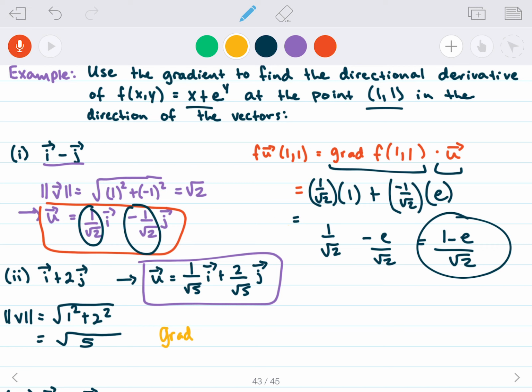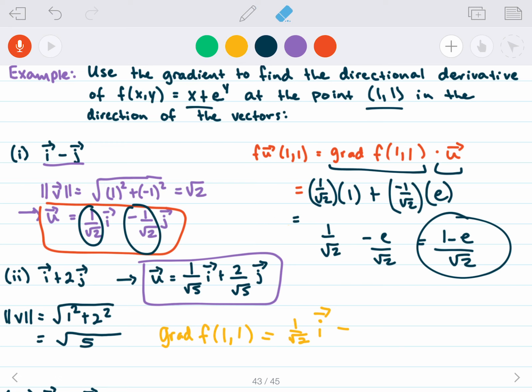Okay? So I already... well, wait, I'm sorry. I already found the gradient. Silly. Okay, so we already found the gradient of the function at 1, 1. And that was 1 over root 2 i minus, oh wait, no, it wasn't.